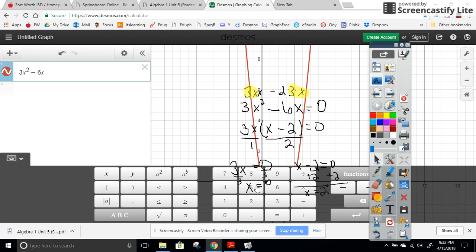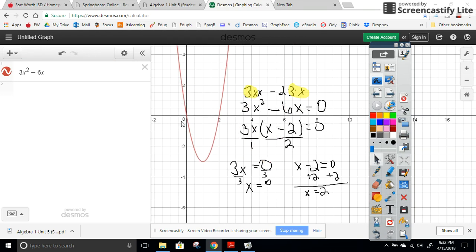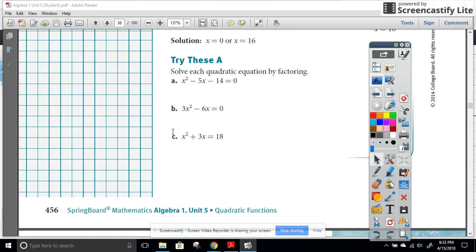We're expecting it to cross the x-axis where? At 0 and 2. So you can see right there, it crosses the x-axis at 0, and it crosses the x-axis at 2. There's the solutions. The x values right there are the solutions. Okay, so that means that you should now be able to do the problems.